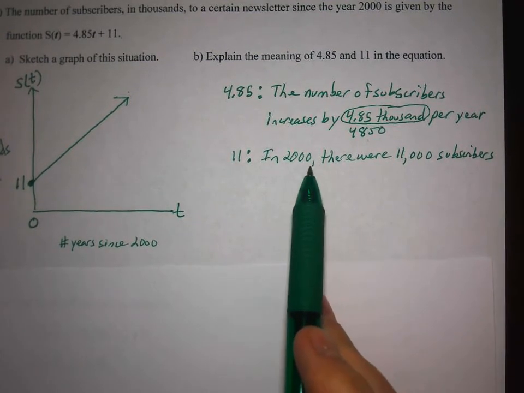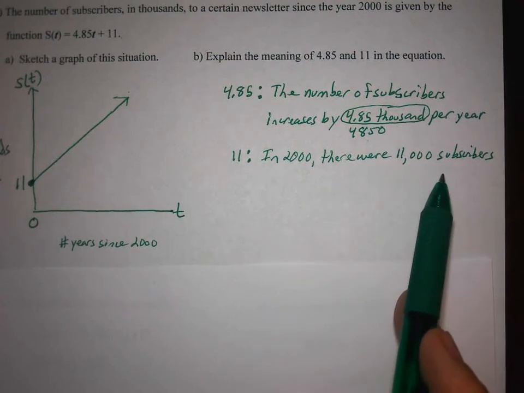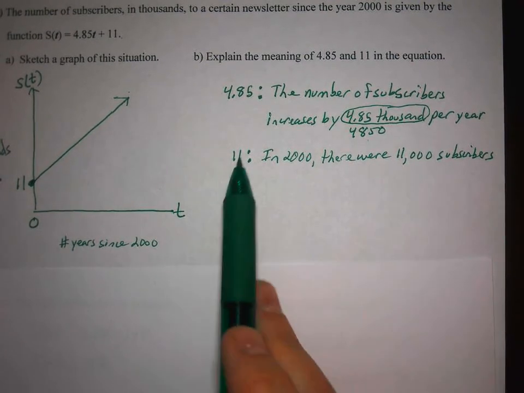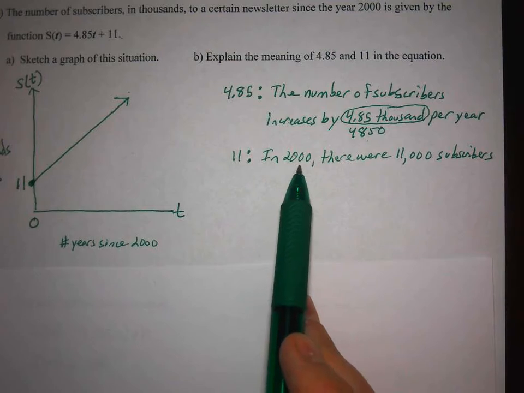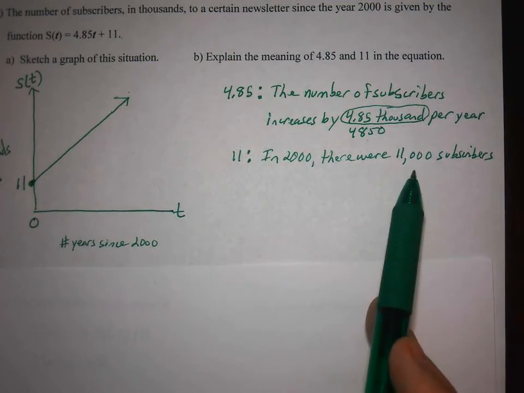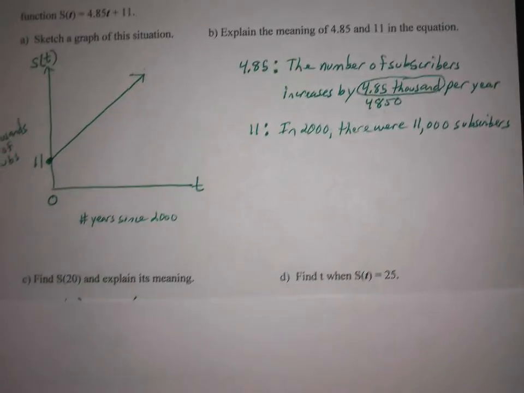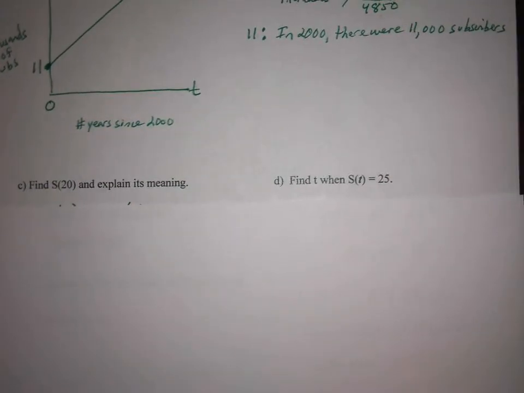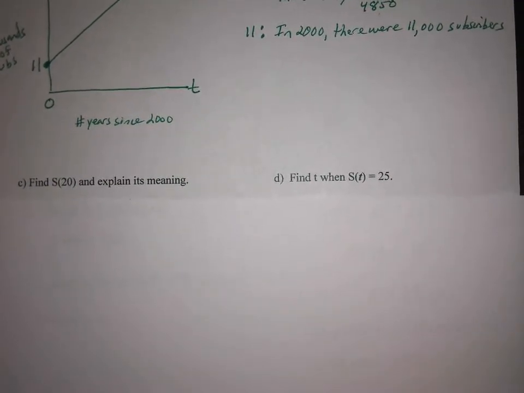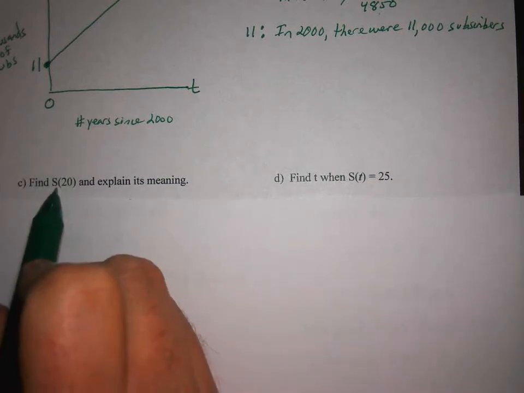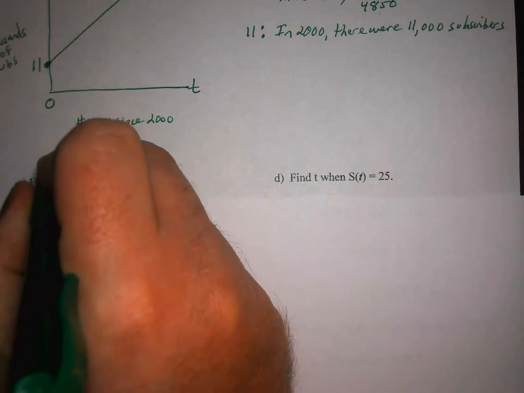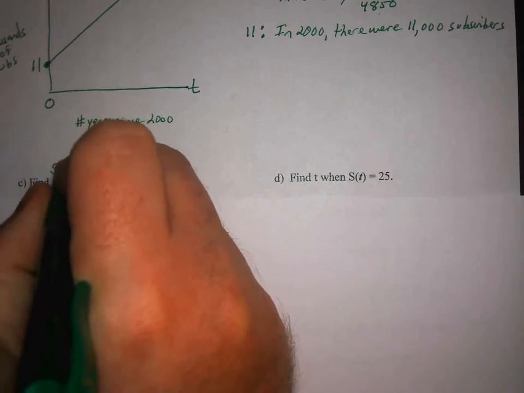And then in 2000, there were 11,000 subscribers. So that's what the 11 is telling us, that when we started in 2000, there were 11,000 subscribers. And then using function notation, which is the real point of this video, using function notation with the word problems. S of 20, remember our function was S of t.